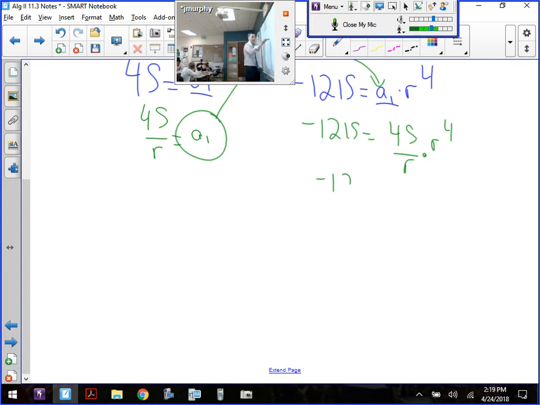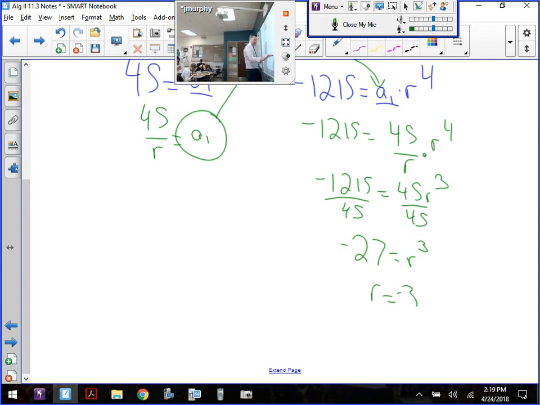So you get negative 1215 is 45r cubed. Divide by 45. I don't remember what that is off the top of my head. 27. Negative 27. And the cube root of negative 27 is positive or negative? Negative 3. That means your rate is negative 3.